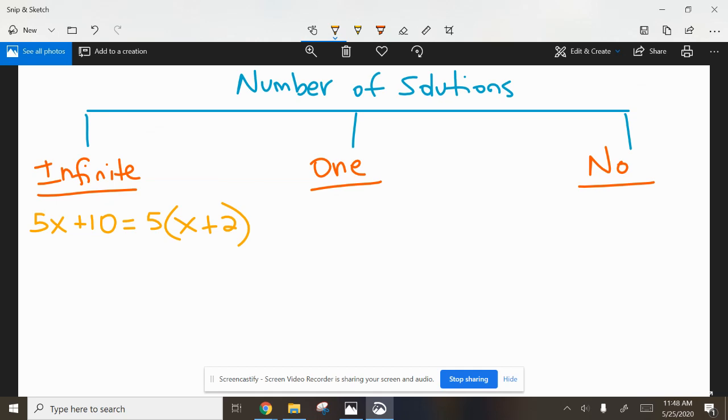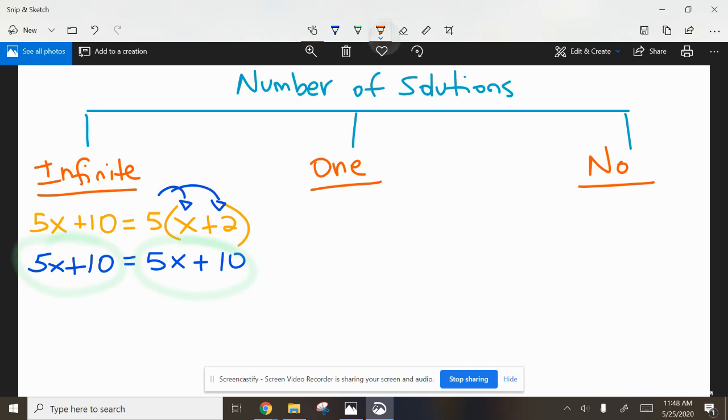When you see this, your first step to solve this equation should be to first distribute, equals 5x plus 10. Then if you look at both sides of the equation, you notice that they're both the same.